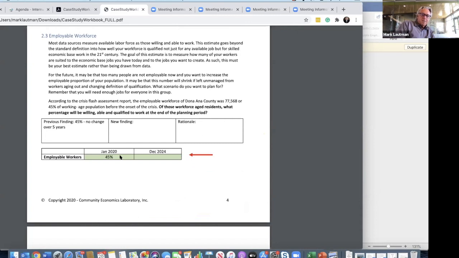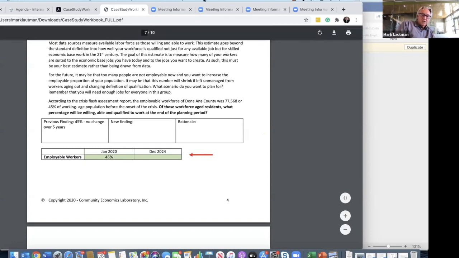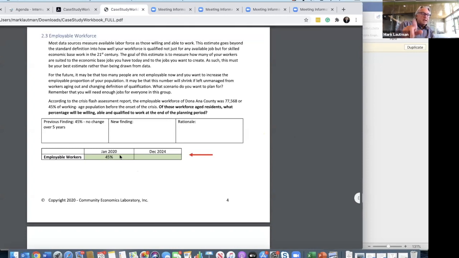You want to be careful, because a lot of these jobs don't pay enough to support families, and the wages often aren't high enough to get people out of the wage cliff. So there are a lot of issues here. This usually takes a lot of time to zero in on.